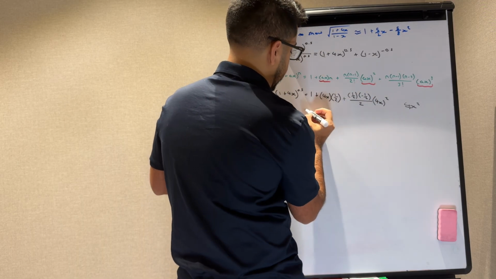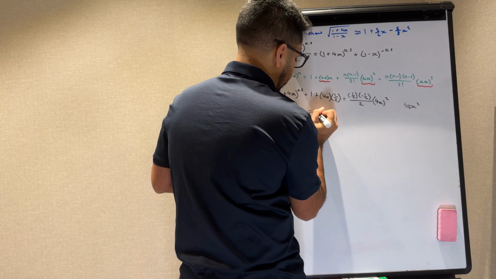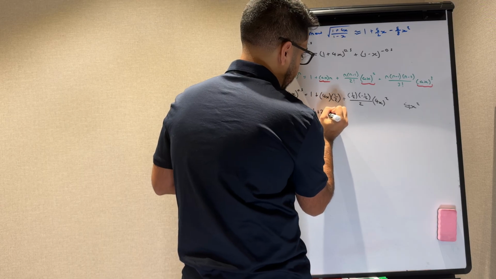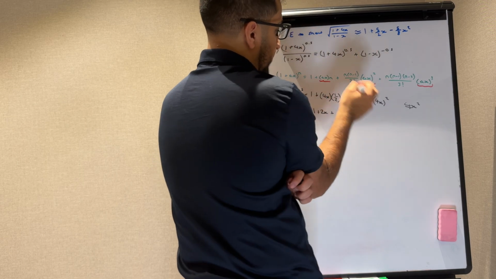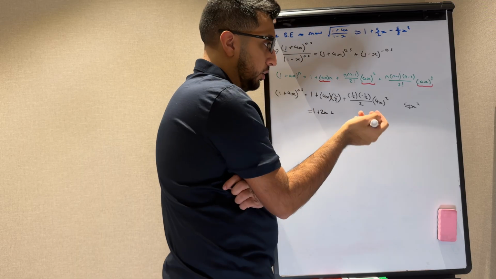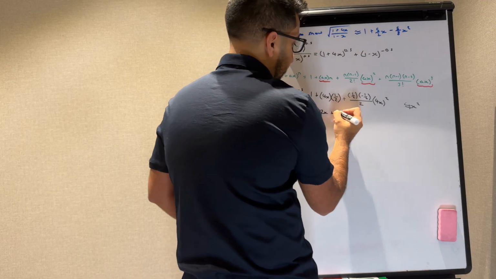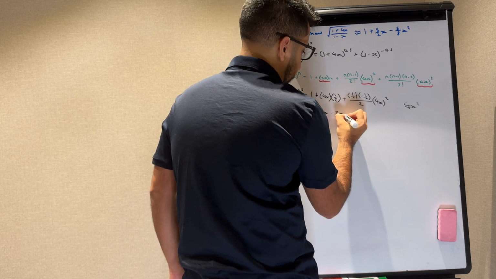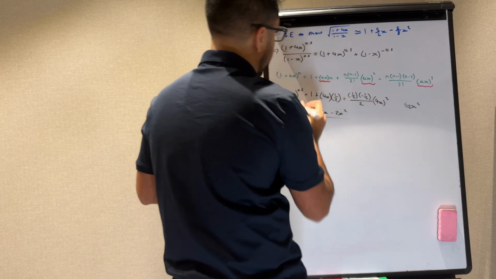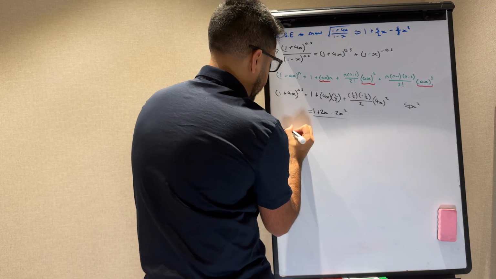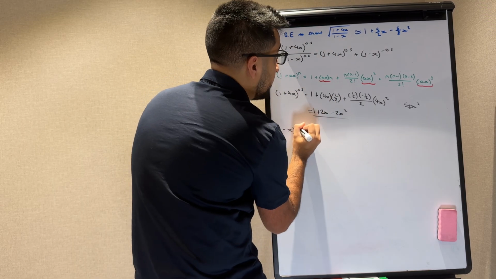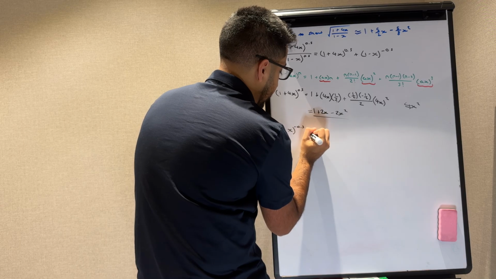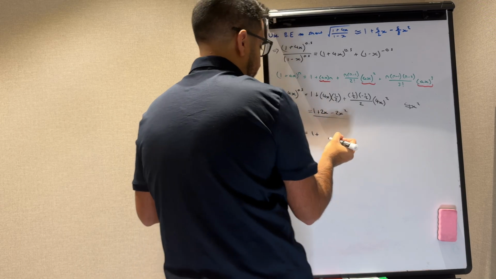And then let's just simplify this a little bit, which is 1 plus 2x plus, we have minus a quarter divided by 2, so that's minus an eighth, times 16, which is minus 2x squared. Cool. Moving on to the next one, which is (1 minus x) to the minus a half. This one should be easier, so I will speed through it.